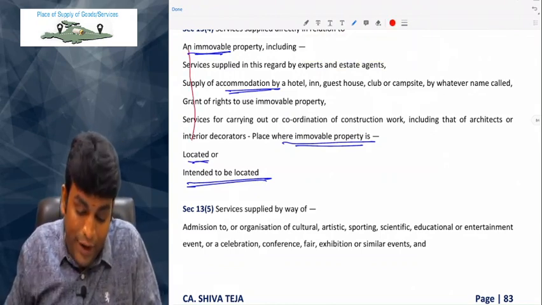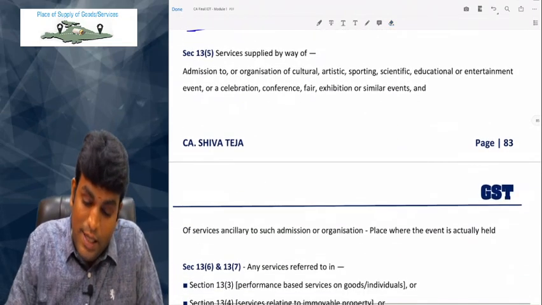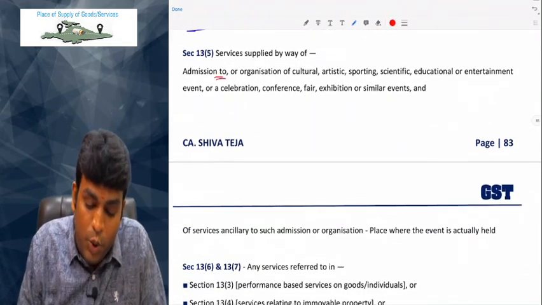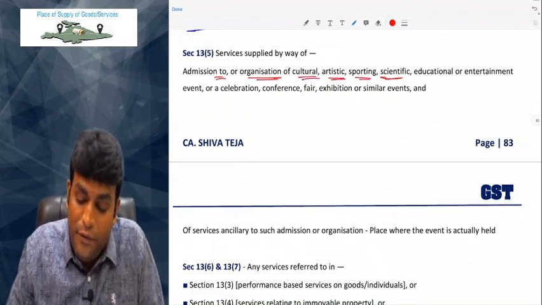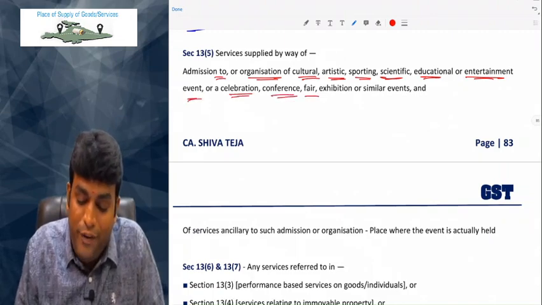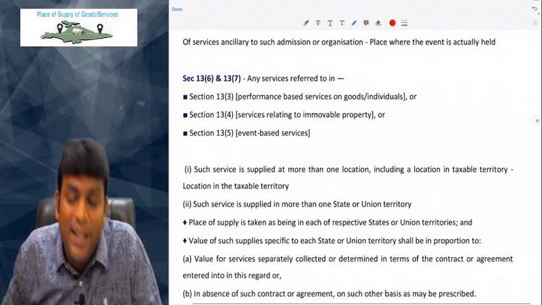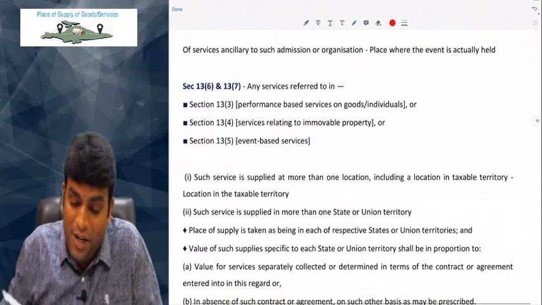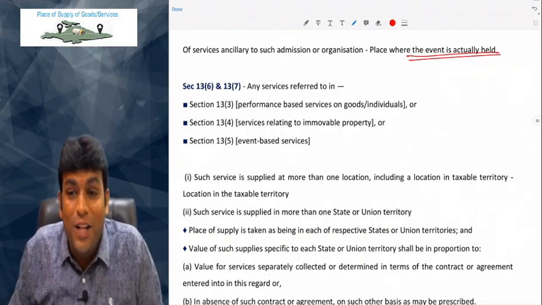Then 13.5, services supplied by way of admission to or organizing of cultural, artistic, sporting, scientific, educational, entertainment event or celebration, conference, fair, exhibition, similar events, or services ancillary to such admission or organization, the place where the event is held. That's all. I taught you all this.